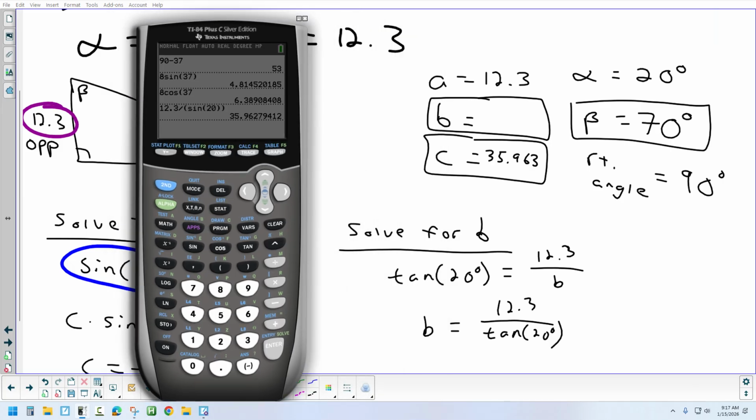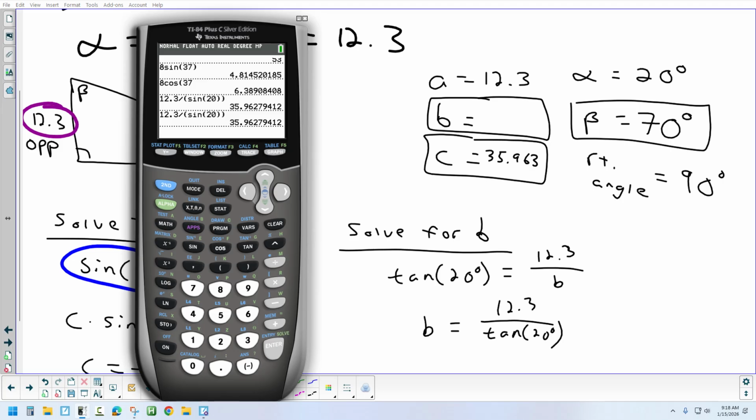So let's type that in again, except change our trig function to tangent. And we get 33.794.